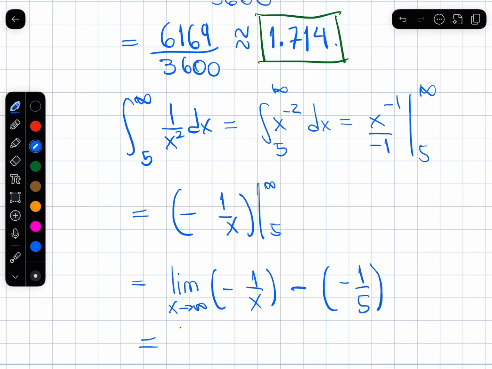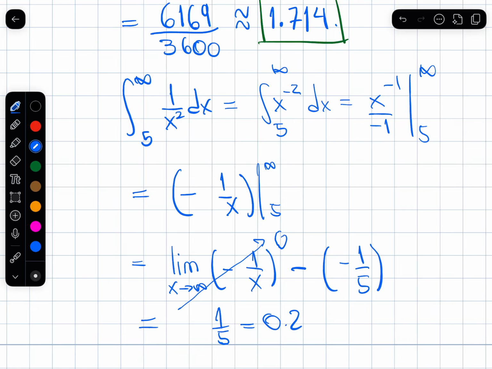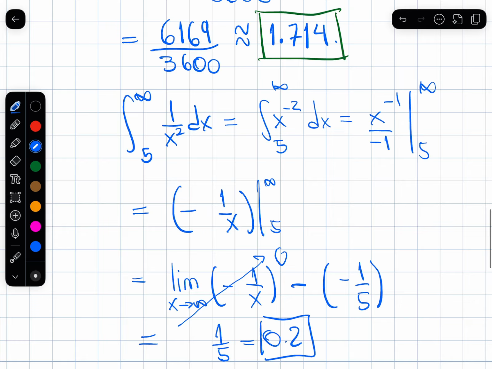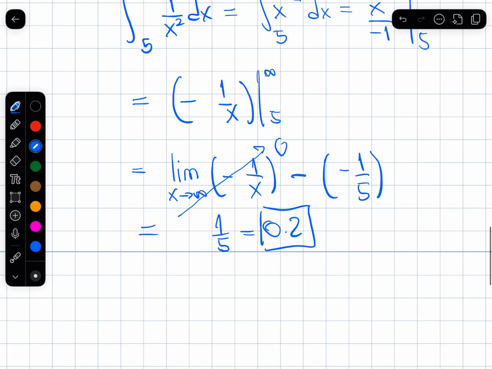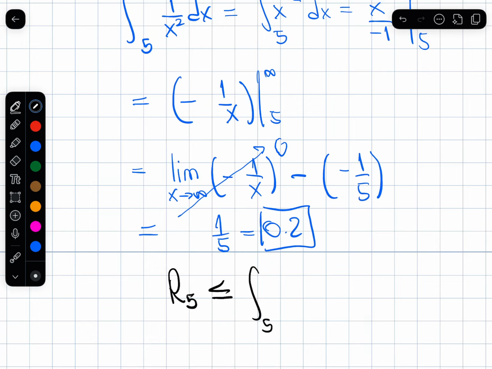So this is going to be a 0, and this is going to be a 1 over 5, which means that this is a 0.2. So this is the possible error, the maximum error in my approximation from the theorem I just showed you on the screen. R5 is less than or equal to the integral 5 to infinity f of x dx, which is 0.2.